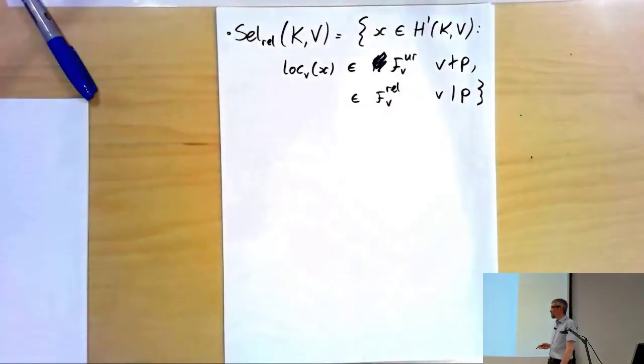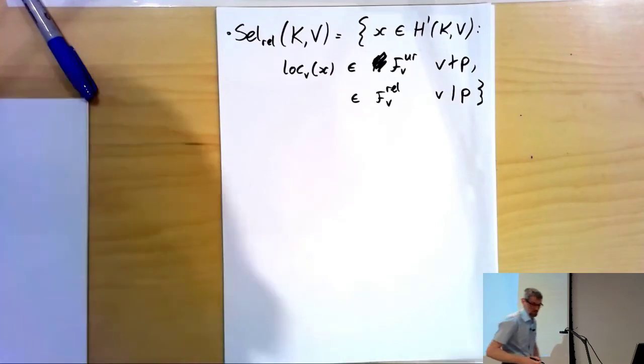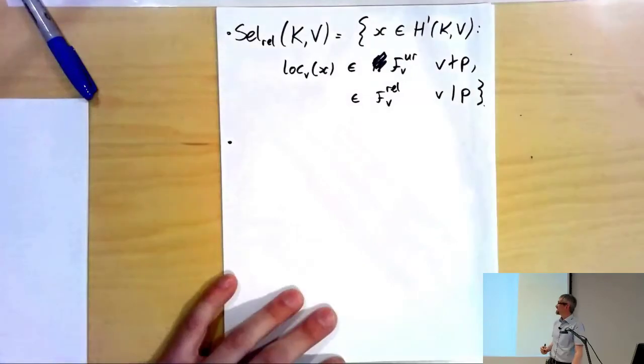And at the primes dividing p, I require they land in the relaxed local condition, which is just a vacuous assumption, because that's the whole of the local cohomology. So that's the largest of my three spaces.